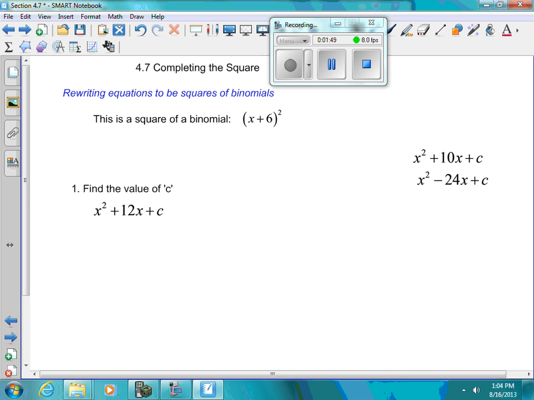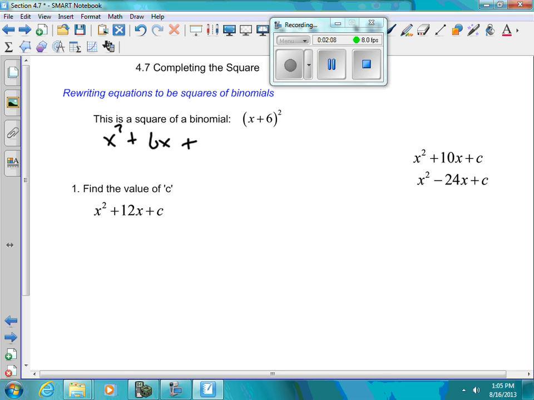Basically, you take a trinomial that looks like this, x squared plus bx, and notice that the x squared term has to have a coefficient of 1. It cannot have a coefficient of 2. If it does, we'll show you how you manipulate that in a minute.